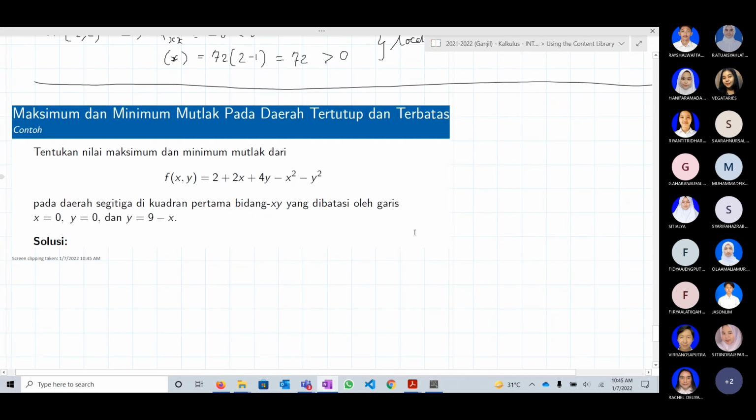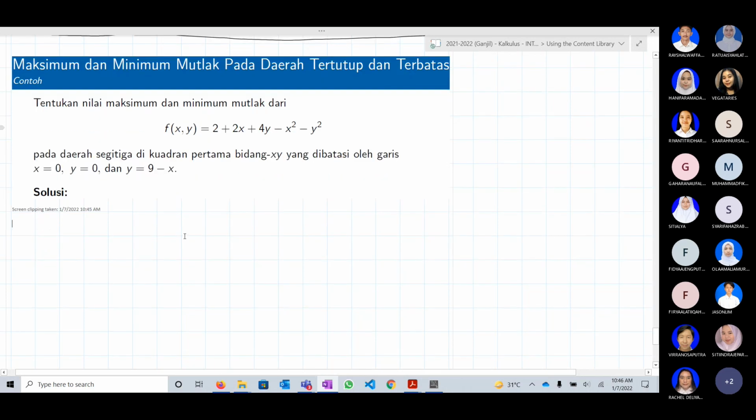So in this case, we are asked to find the absolute maximum and minimum values of the function f in a triangular region in the first quadrant of the xy plane that is bounded by the lines x equals 0, y equals 0, and y equals 9 minus x.